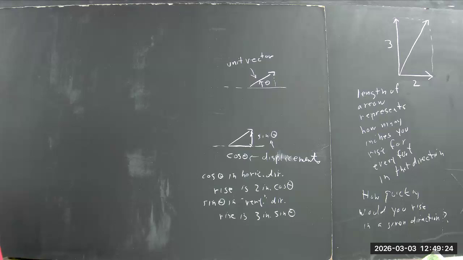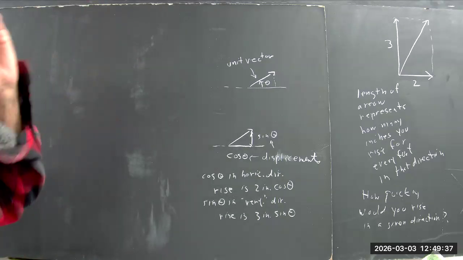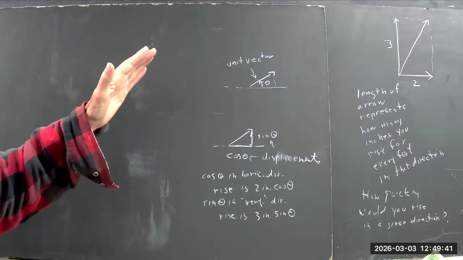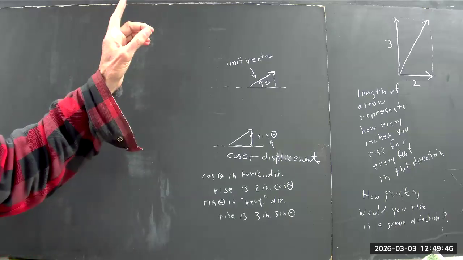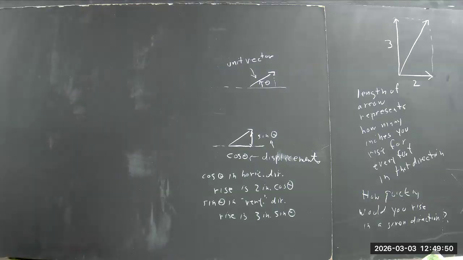Another question: what direction would you go if you wanted to go up the hill as fast as you could? Would you go in this direction? Or would you go a little bit this way, because you don't sacrifice much displacement in this direction, but you get a lot of displacement in the other direction? Does that make sense?